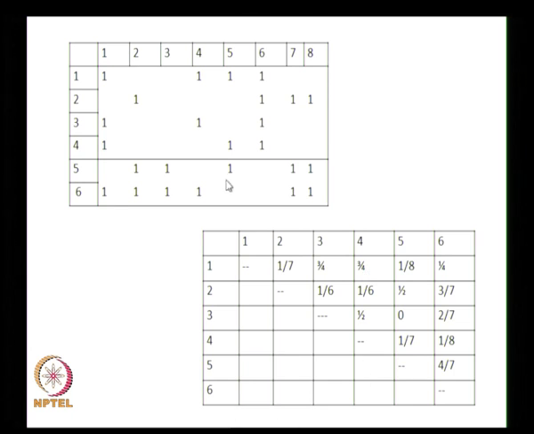Like this, we can construct the similarity coefficient matrix. This matrix is actually a symmetric matrix, but only half of the matrix is shown. The diagonals are not explicitly computed because the similarity between a machine and itself is always 1, and we do not require the numbers in the diagonal because our idea is to bring the machines together and group them.